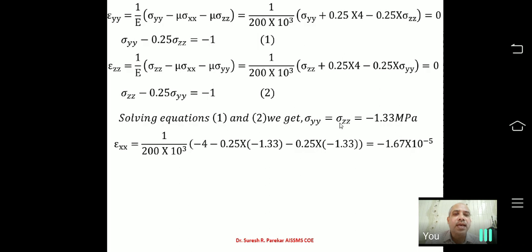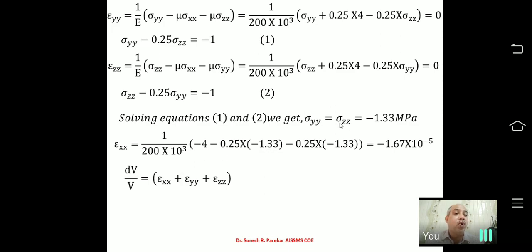And as both values are 0, my change in volume directly relates to epsilon xx. So I can have dV upon V equal to epsilon xx plus epsilon yy plus epsilon zz, because epsilon yy and zz are 0. Why? Because we have prevented deformation on 4 faces.